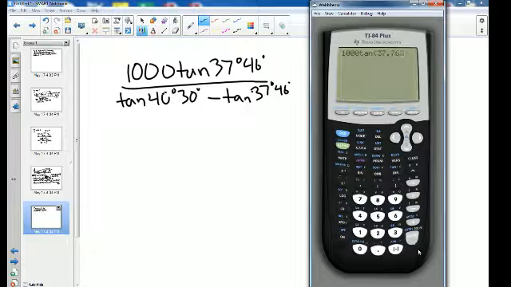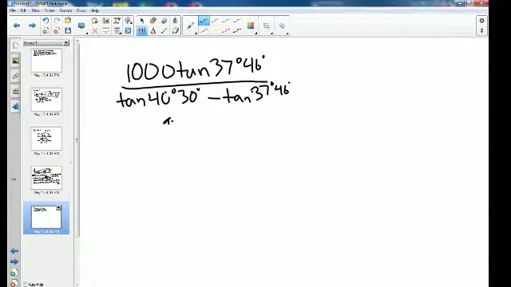So this will go on the end of that, and then divided by, so this will all be in parentheses, tan 40.5, because 30 is half of 60, minus tan of 37.76 again, and then double parentheses to keep the whole thing in. That'll come out to about 9,740 approximately.